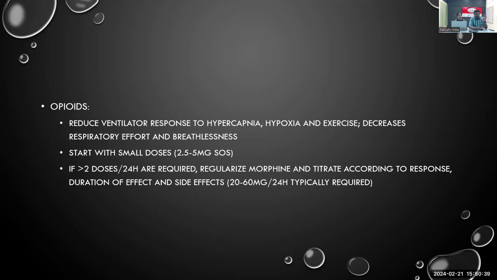So how does it act? Basically, in our body, when there's a reduction in oxygen, there's an increase in carbon dioxide. Then there's a center in our brain that tells our body, take in breaths, increase that rate. That is what the brain tells when there's increased carbon dioxide. What morphine does is it tells the center, don't, it's okay, let it be.